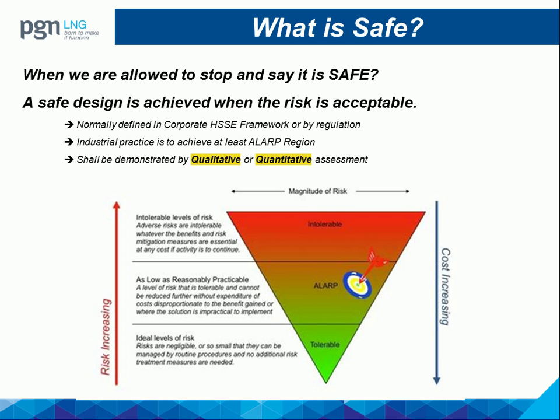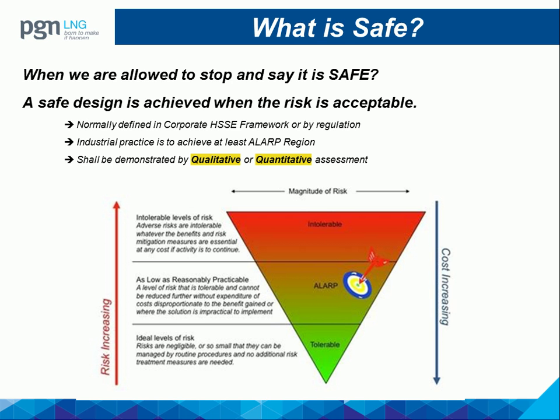So normally we say that is okay, we can go further, but if there's another mitigation that, from a cost point of view, is reasonable to be implemented, and we haven't achieved ALARP, we need to implement that barrier, and then we can say that it is ALARP.